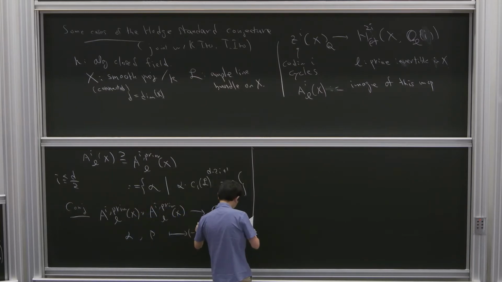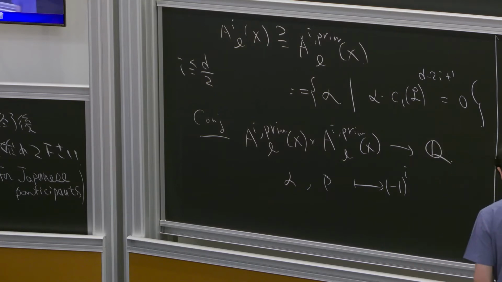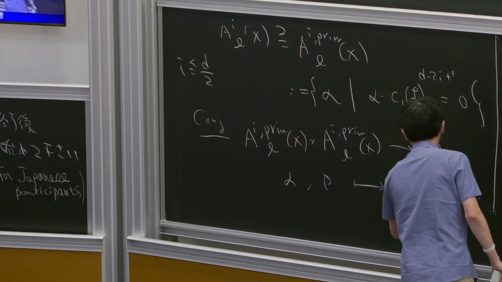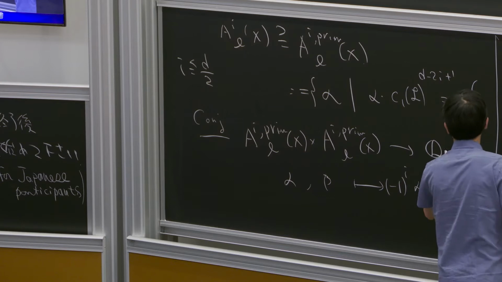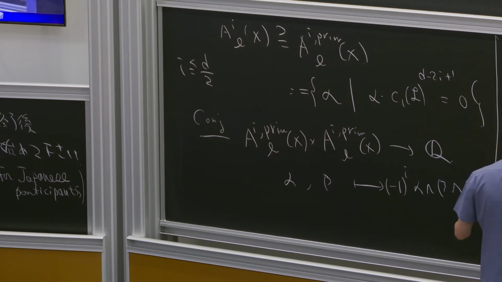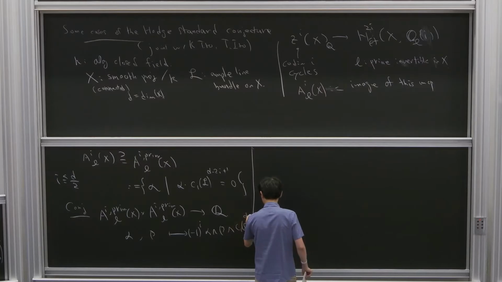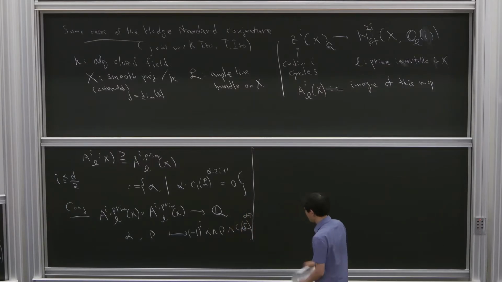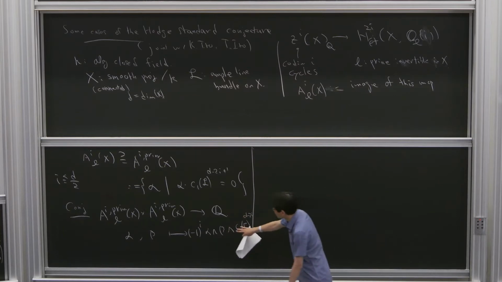There is some sign to make it positive: alpha, beta, and a power of the Lefschetz operator. I mean, this is a degree, and so I regard this as a rational number.